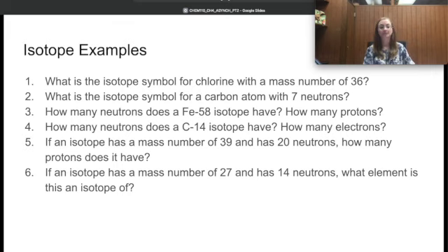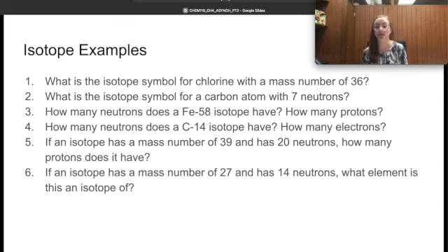Well, Fe, or any iron, has 26 protons. Iron has an atomic number of 26 on the periodic table, so it has 26 protons. So that means I can answer my second question right off the bat. Iron has 26 protons. And then I need to figure out how many neutrons it has.